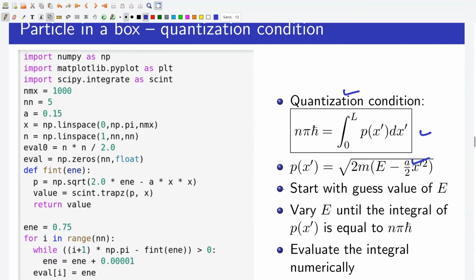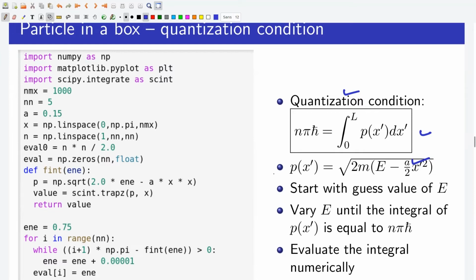We have to evaluate the momentum integral with the guess value of E. If it is not equal to nπħ, we increase the value of E and again evaluate the momentum integral. We keep doing this until the momentum integral becomes equal to nπħ for some value of E. The value of E for which the quantization condition is satisfied is the energy eigenvalue.